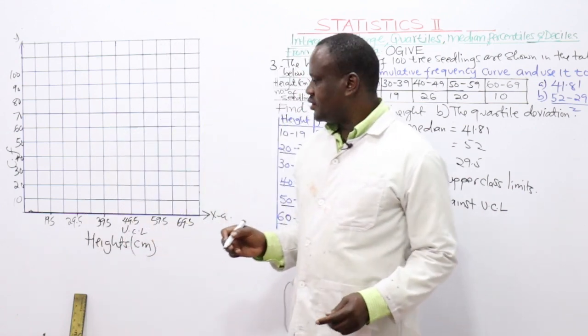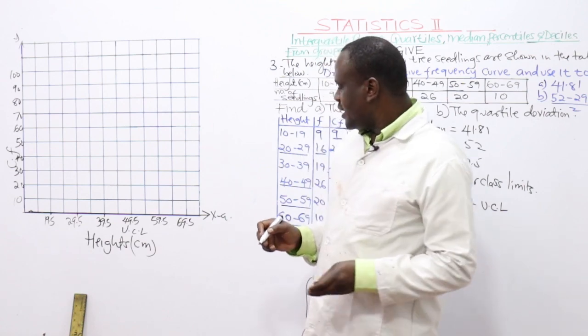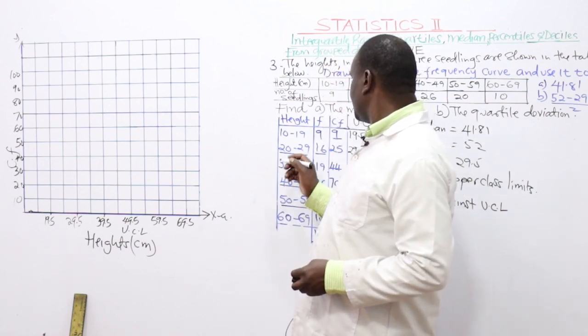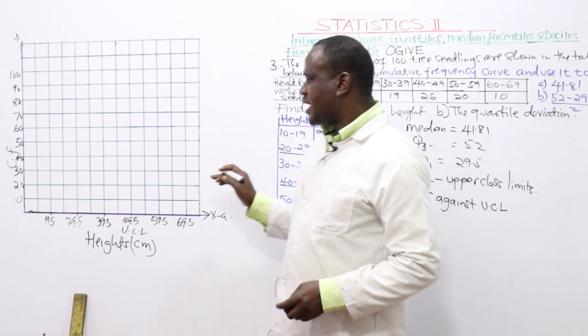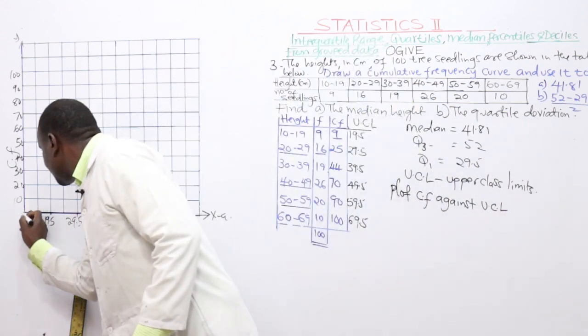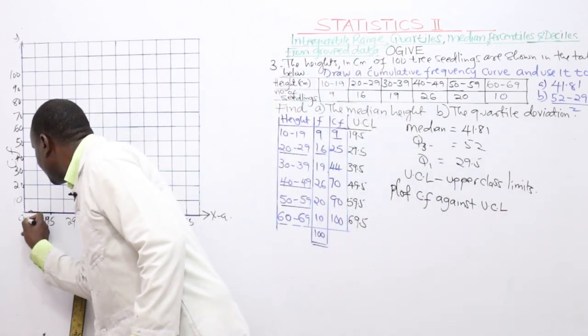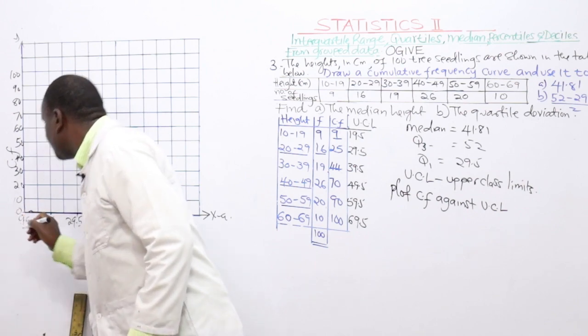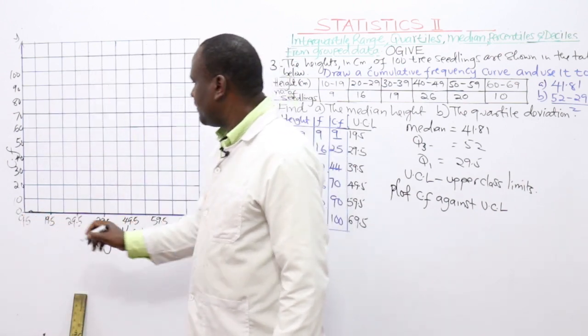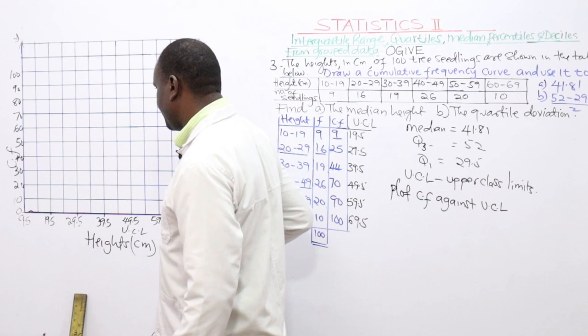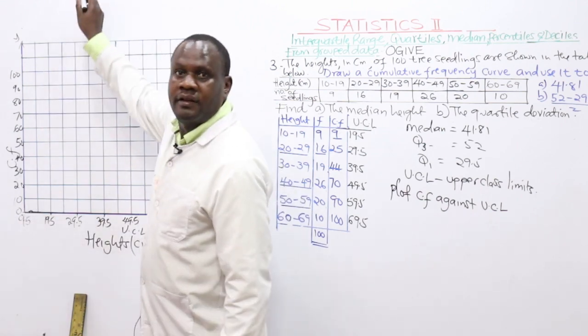So that's a good range. The last one that we are not plotting is 9.5. So you can have 9.5 here, and 0 for the other axis.